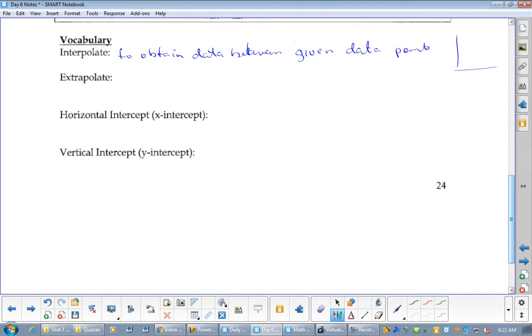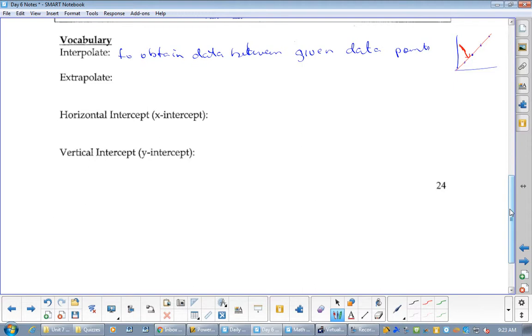Okay, so if you had a graph and you had this point, this point, this point, this point, and you joined the lines, if you find any information right there in between the points, that's called interpolation. That's finding information within 2 points, okay? Because there are about 60 gazillion points in between those two, so there's lots of data to be found.